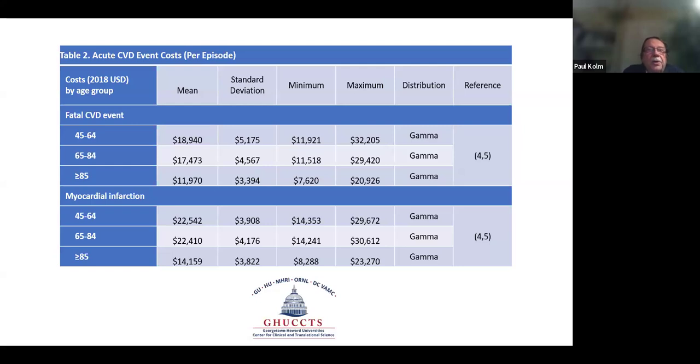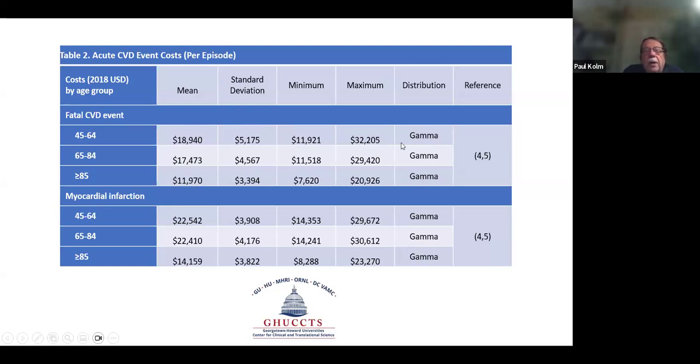And so you can see that we have a mean and standard deviation, but all of these are gamma distributed. In other words, we're going to use a gamma distribution for each of these. And the gamma distributions are going to be different depending on the mean and standard deviation here.